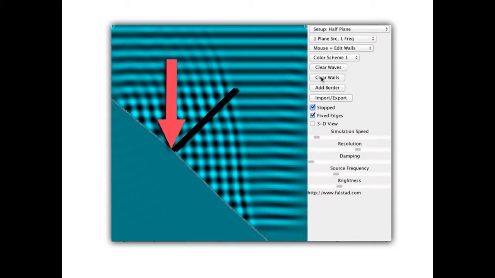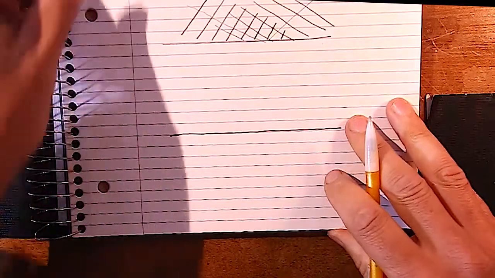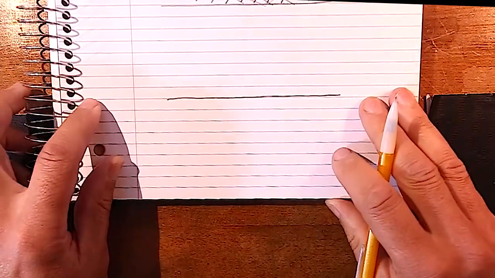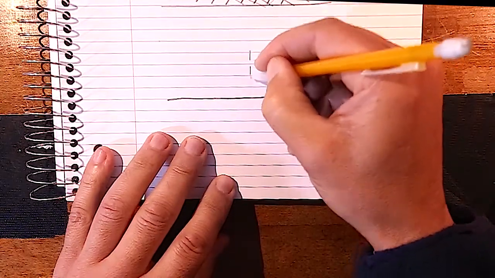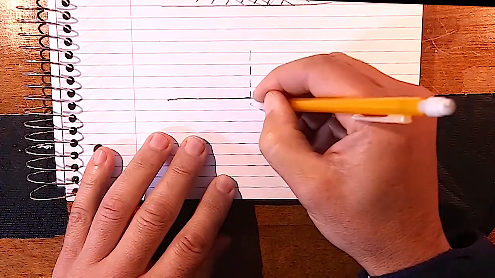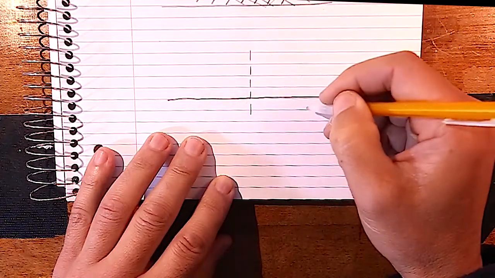So let's get another arrow, and this arrow is going to represent the direction that the waves have bounced off of the barrier. So rather than draw all these wave fronts, what we do is we draw our surface, and we draw what's called the normal line. The normal line is just like the normal in the forces unit. It's a line that's perpendicular to the surface.